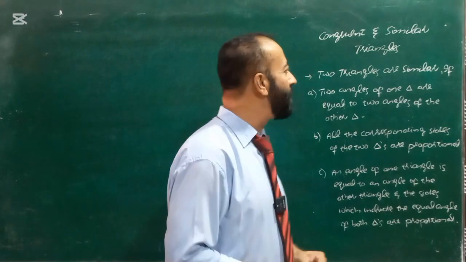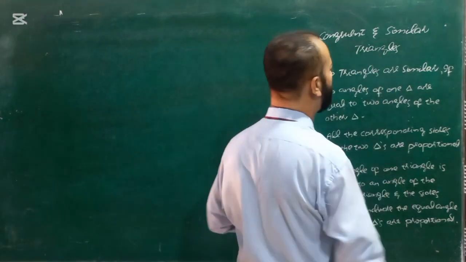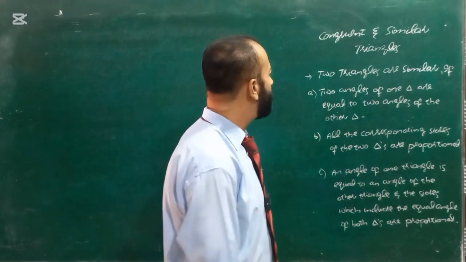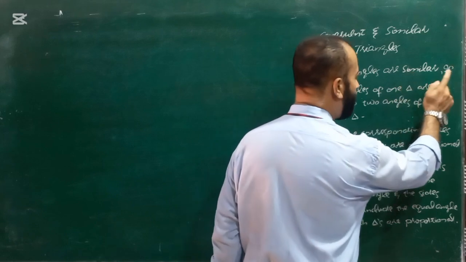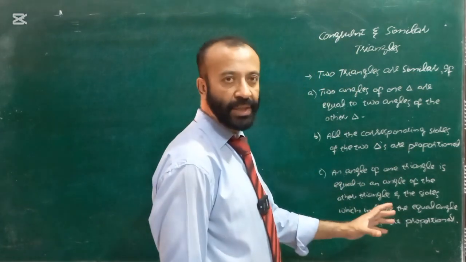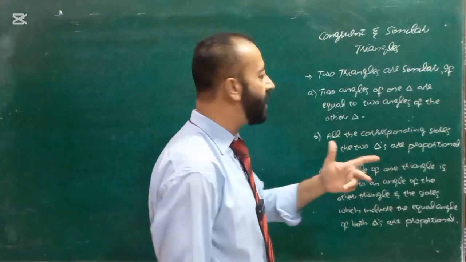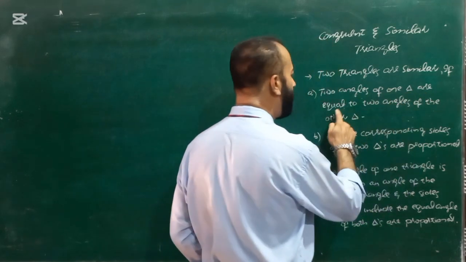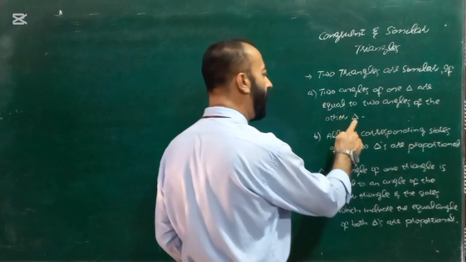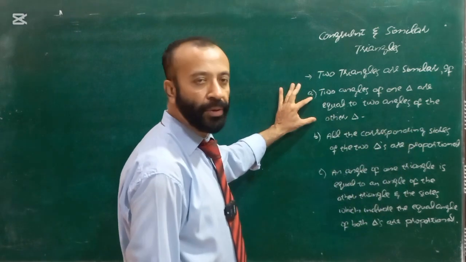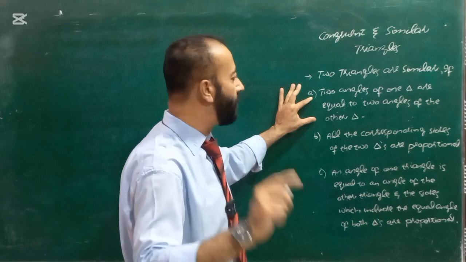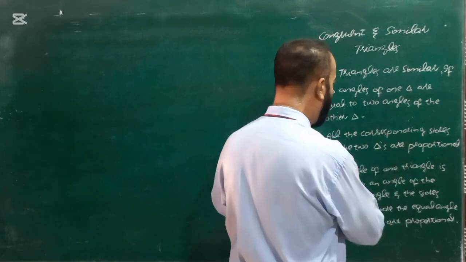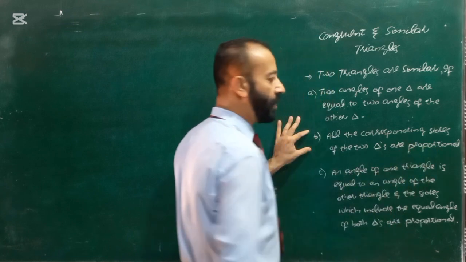The next thing that we are going to read in the topic congruent and similar triangles is similar triangles. So concentrate yourself. There are three conditions for two triangles to be similar. One condition is two angles of one triangle are equal to the two angles of the other triangle. If this condition holds, then the two triangles will be similar. The second condition is all the corresponding sides of the two triangles are proportional.